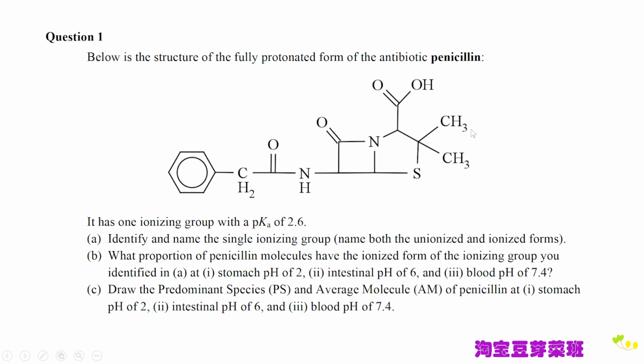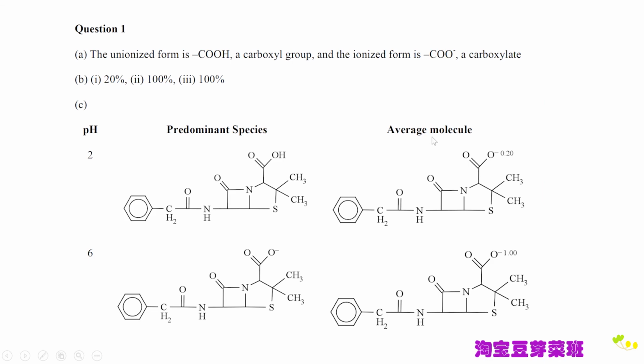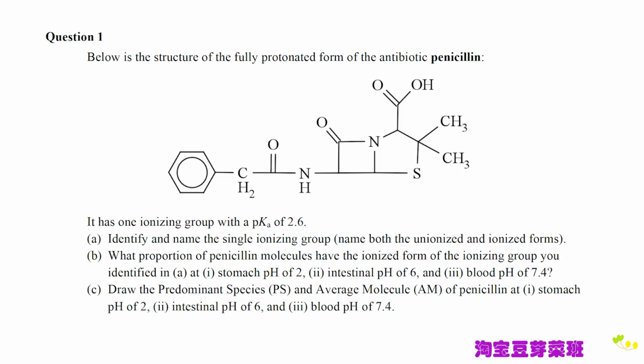Okay, this is the predominant species. And for the average molecule, according to the calculation, we have 20% of the ionized form, which means the negative charge is 0.2. Okay, let's look at the answer key. Yeah, 0.2, because the aqueous solution contains 20% of the ionized form.